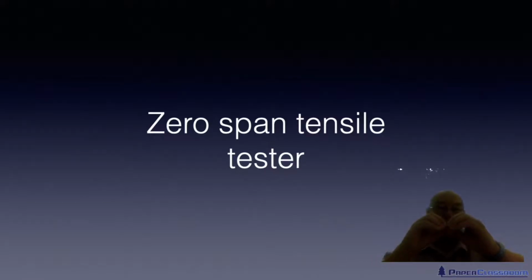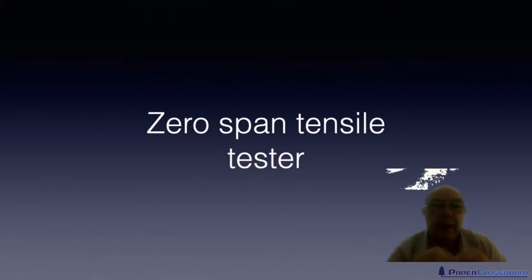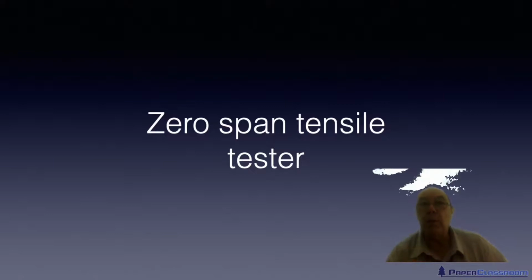And the jaws pulled apart, and because there was 0 gap there, there's no opportunity for the fibres to slide over each other. Therefore, there's no opportunity for the bonds to break. The only thing you can break is the fibre.